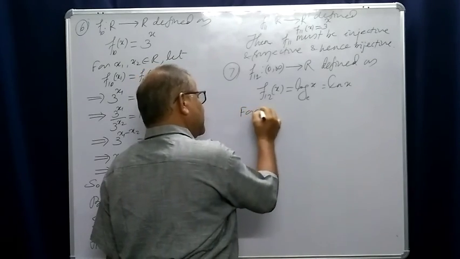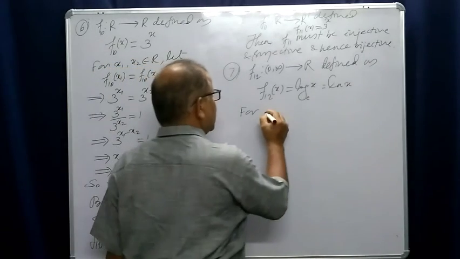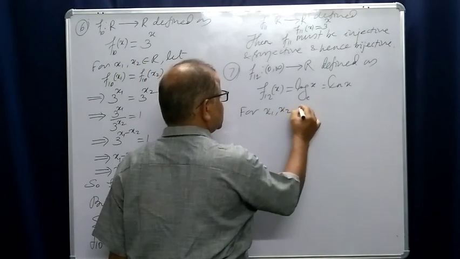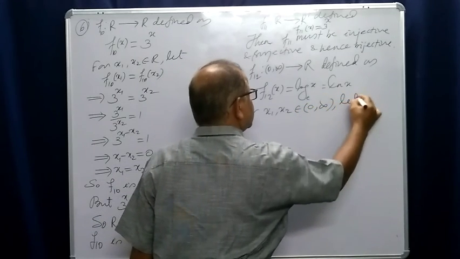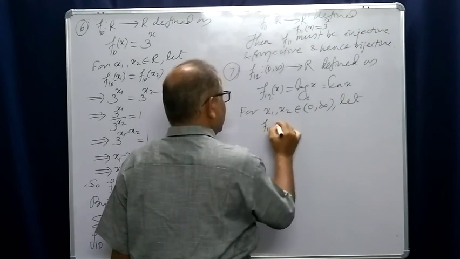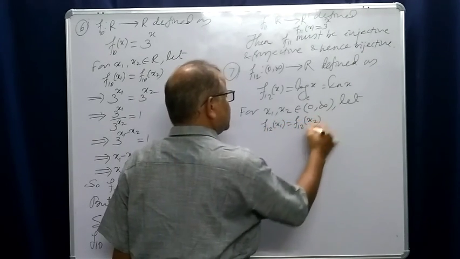We will test whether it is injective and surjective or not. For x1, x2 belonging to 0 to infinity, let f12(x1) is equal to f12(x2).